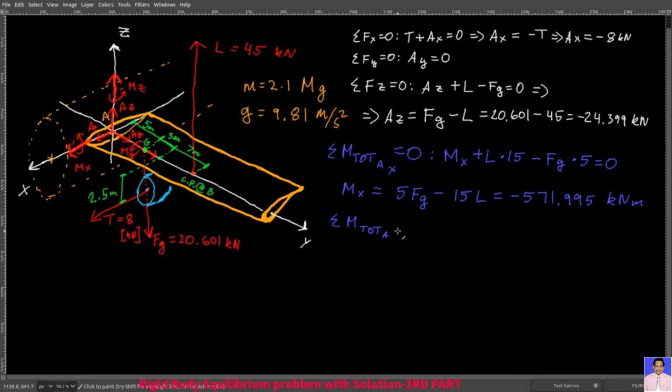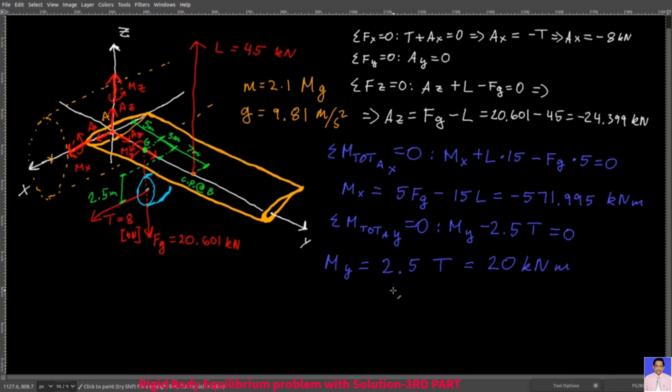Then let's do all the moments about the y-axis. This would be the equation. So My equals 2.5 times thrust, because this 2.5 meters here, that's your moment arm, and your thrust is 8 kilonewtons. So your My will be 20 kilonewton meters.